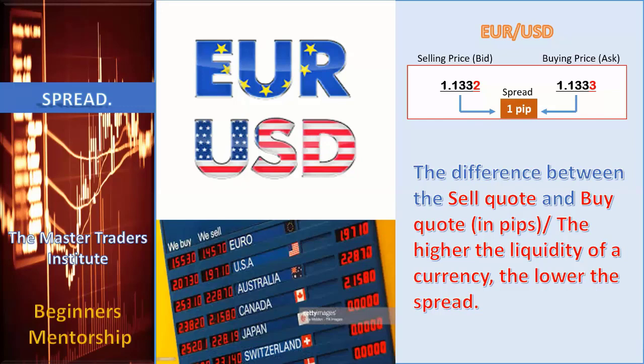What it means in essence by higher liquidity is if a currency is in high demand, if you put it up and say you want someone to buy, someone will always buy it. For instance, the US dollar. The spread is always very small. That is why when you come to your MetaTrader 4, I will show you something you will do so that you'll be seeing the spread. If you activate the advanced view mode, it will show you the number of pips in value.